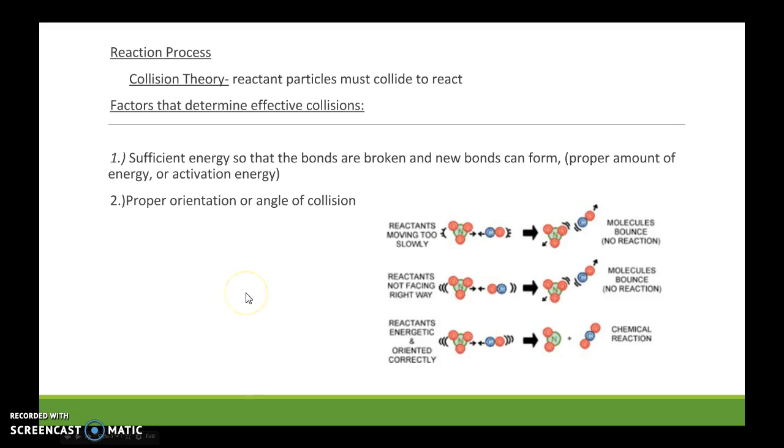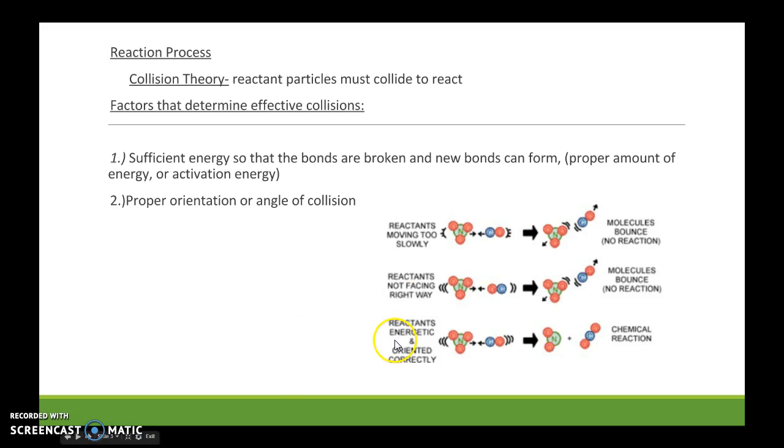The second way is if they're not lined up, proper orientation. Here my ammonia molecule is going to collide with this particle, but obviously it's not lined up correctly. I need the blue on this side, so the red's on this side. It's not going to combine to make a new product. So again, the molecules are going to bounce off each other, and you're not going to get a reaction.